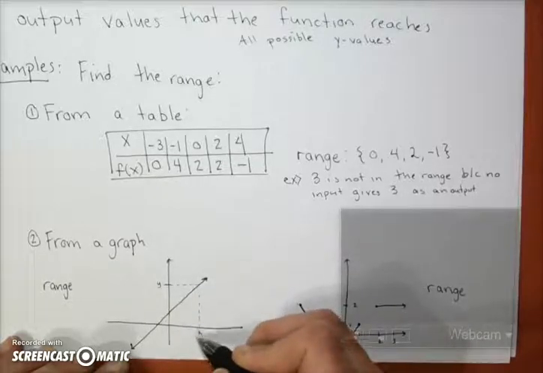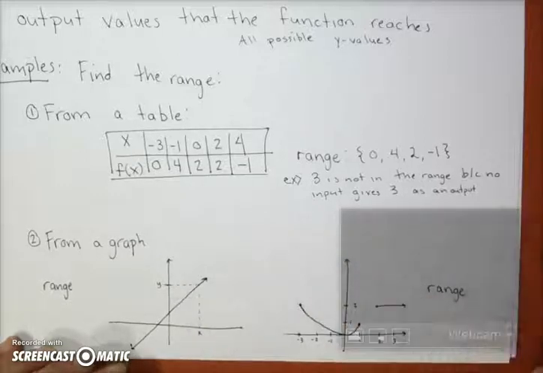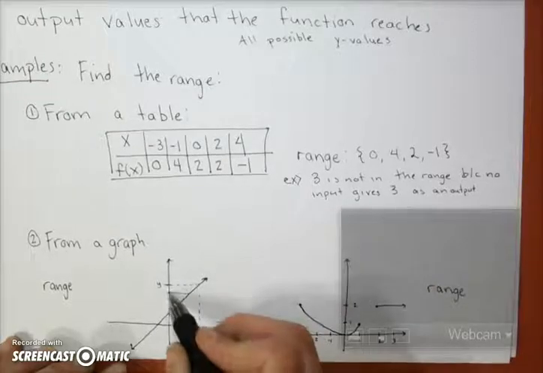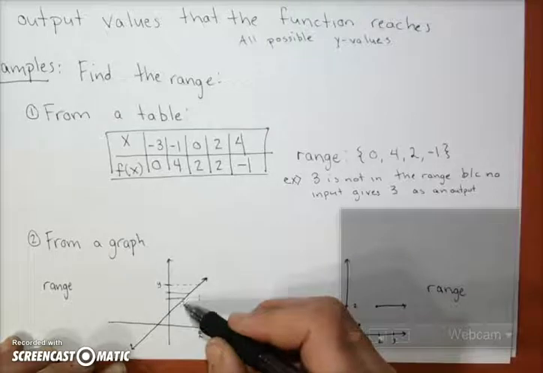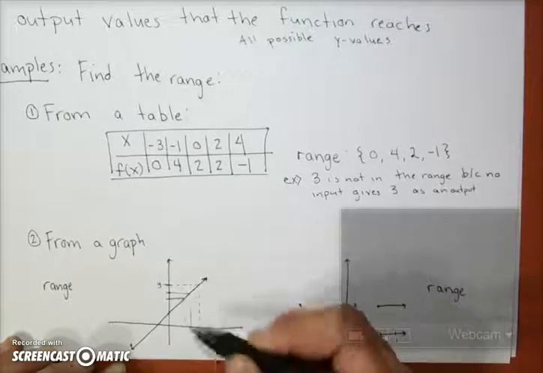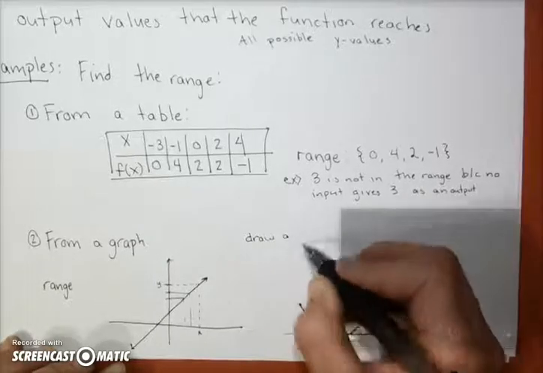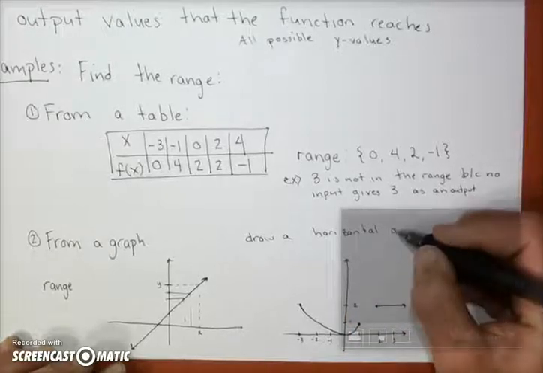So this x value down here has this y value as an output. A way that I like to think about it is I just draw a horizontal line from any given y value and see if that horizontal line hits my graph. If it does, then there's got to be an x value that got you there.